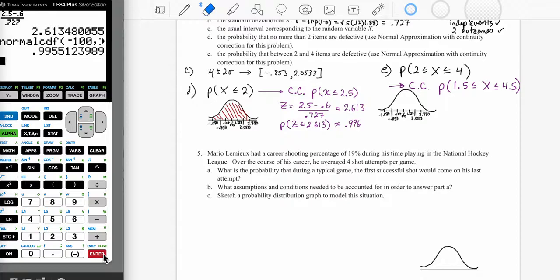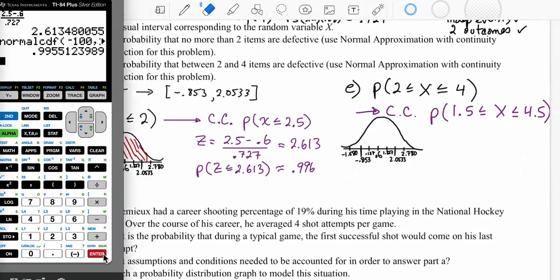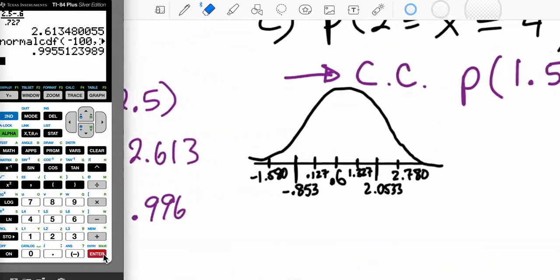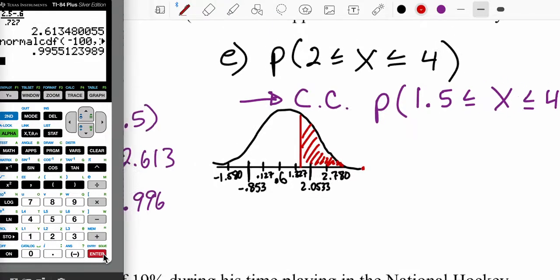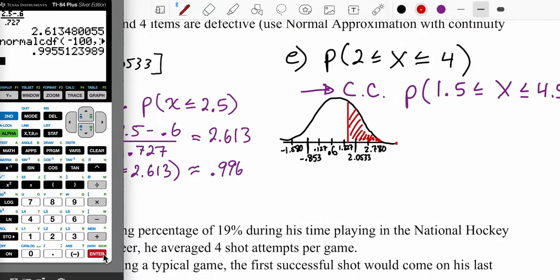That little tail there. Anyway, so I need to go from 1.5, which is right about here, to 4.5, which is off the graph here. So it's all this stuff here. All right, so it's definitely going to be less than 0.5 as a final answer. I just don't know how much less.